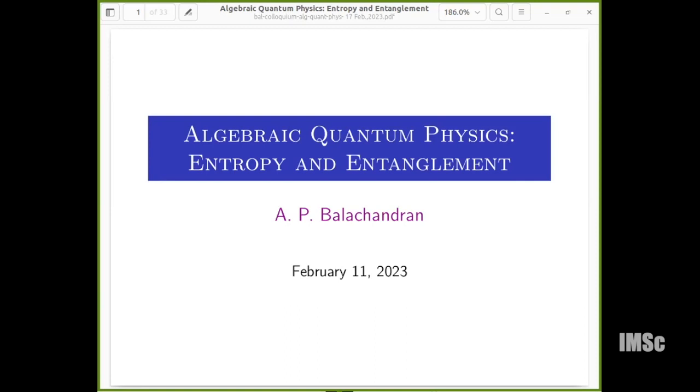And in the physics literature also, star is more common, at least in the emerging physics literature of this kind. So I will use that. So the scalar product of two matrices is given by trace of rho times M star M.